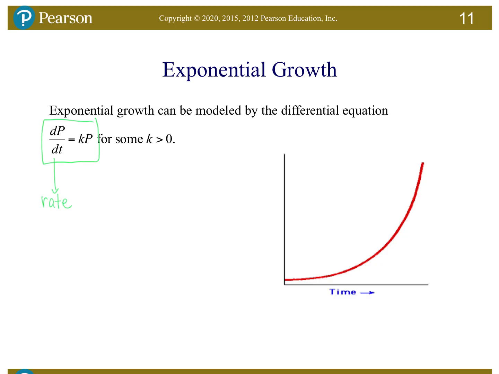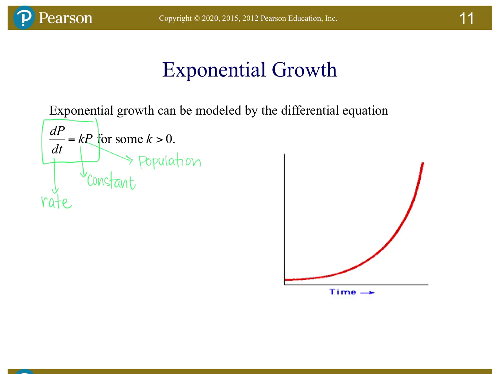It's the rate of change of the population. k is a constant, and P is the population itself. So exponential growth means that the rate is found by taking the population and multiplying it by a particular constant. That forms exponential growth.